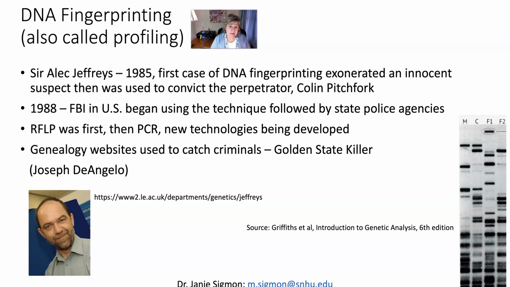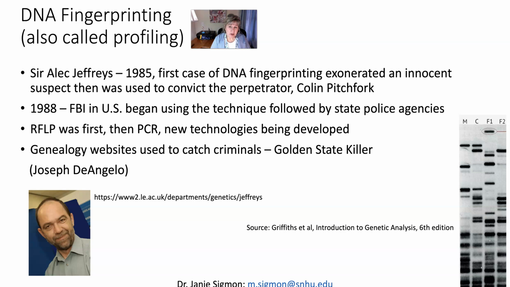There had been 3 rape and murders in England, and they had not caught the perpetrator yet. And so they asked Dr. Alec Jeffries at that time if he could use this technique to determine who left DNA behind at the scenes of the crime. And he said, yeah, I think I can.